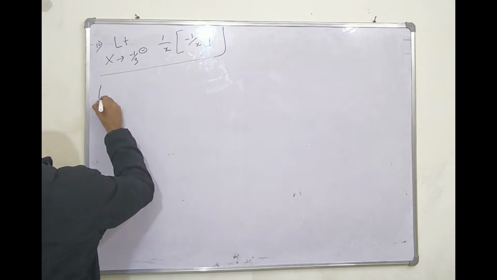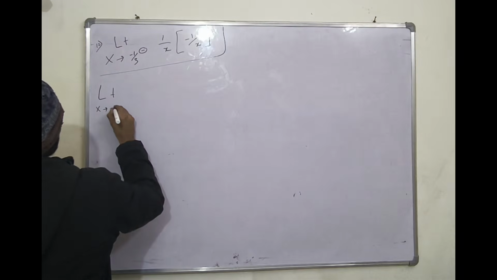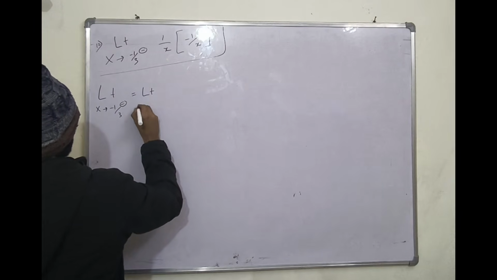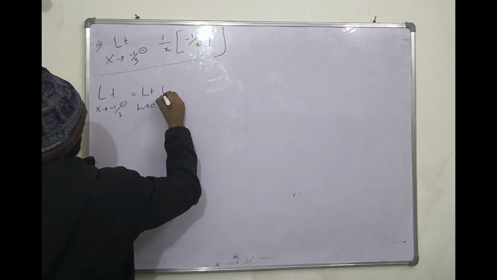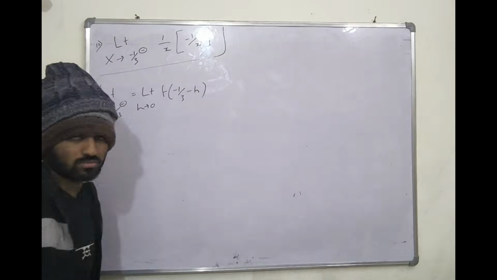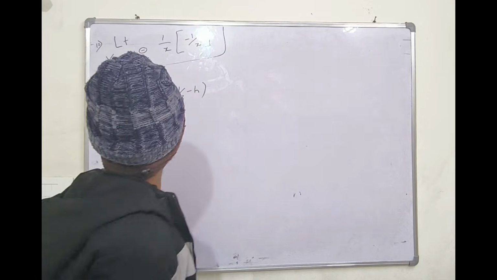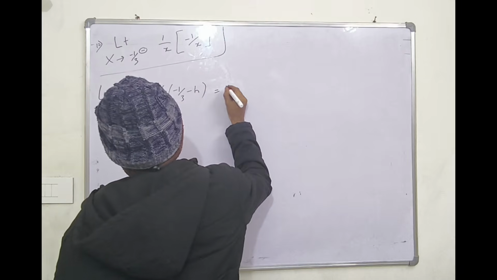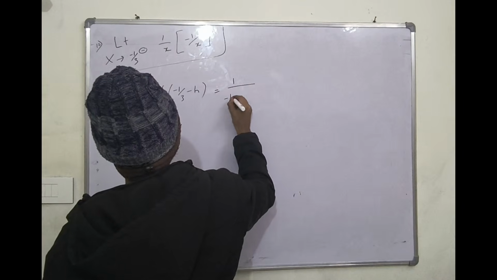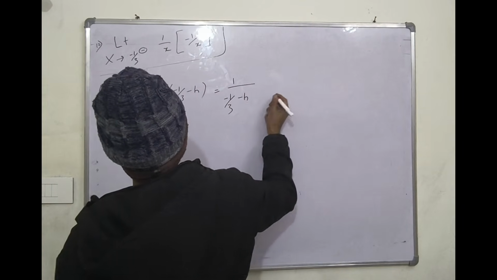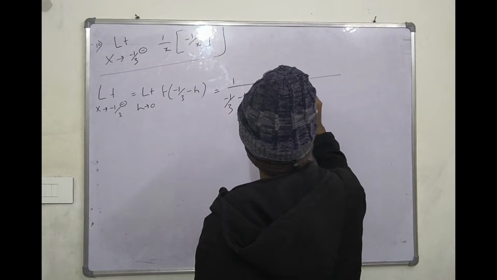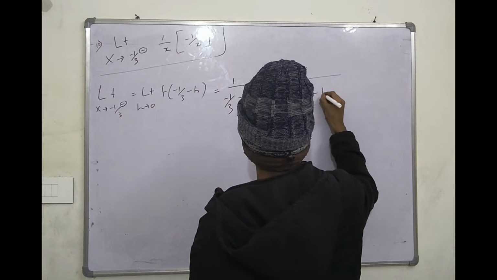So we can write limit x tends to minus 1 by 3 minus equals limit h tends to 0 f of minus 1 by 3 minus h. Okay, good. This equals, substitute there, 1 by minus 1 by 3 minus h.